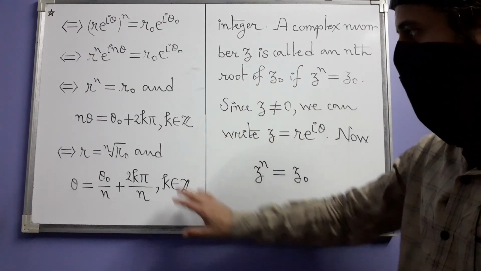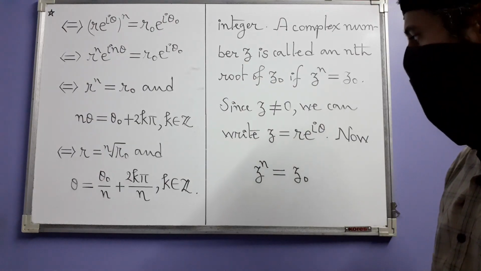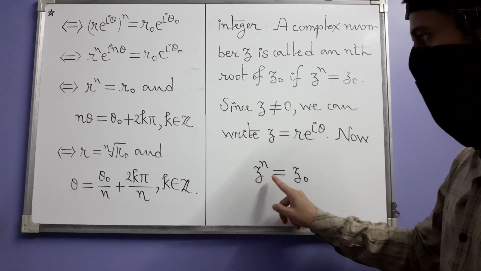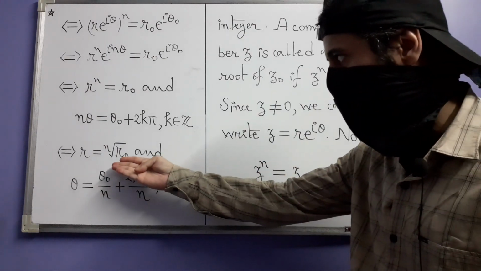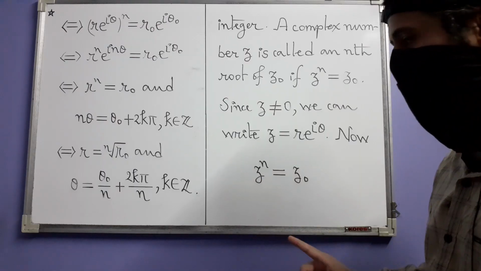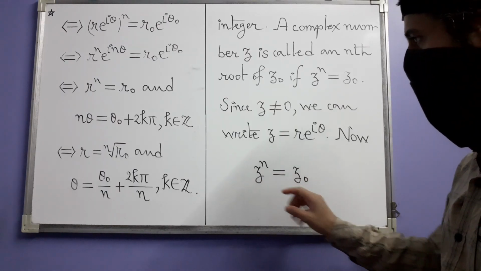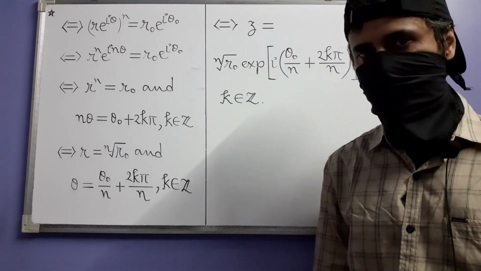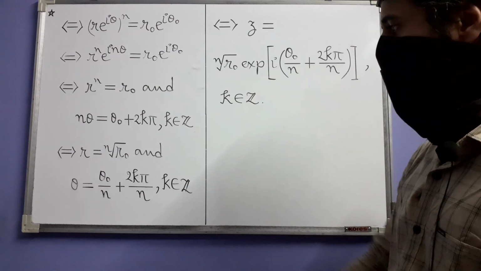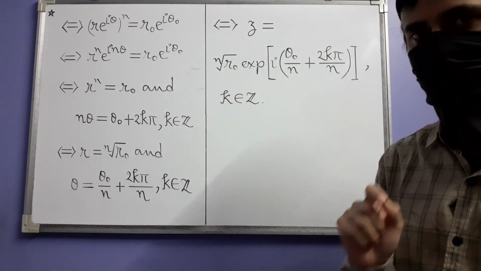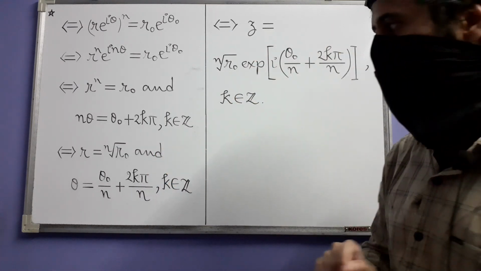Okay, so this is where we are right now. z is a complex number satisfying this equation if and only if we have these things. In other words, z is an nth root of z0 if and only if these things happen. And we can of course continue with one more step. Instead of stopping here itself, we can write what z is. That is, we can write the exponential form of z.